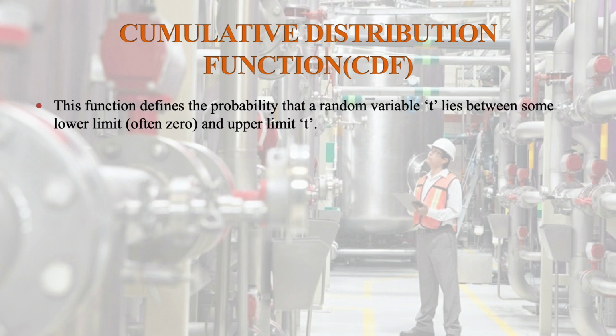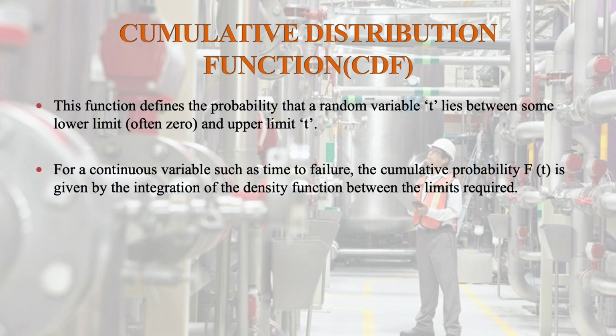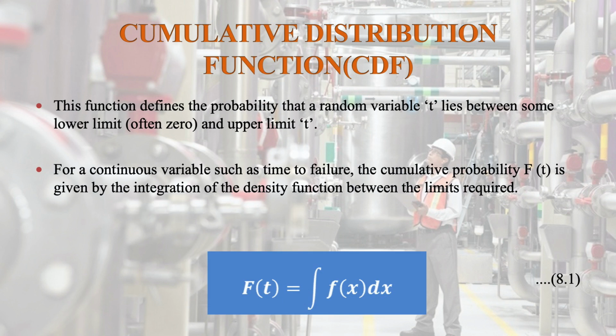This function defines the probability that a random variable T lies between some lower limit, often 0, and upper limit t, for a continuous variable such as time to failure. The cumulative probability F(t) is given by the integration of the density function between the limits required, that is, F(t) is equal to the integral of f(x) dx.